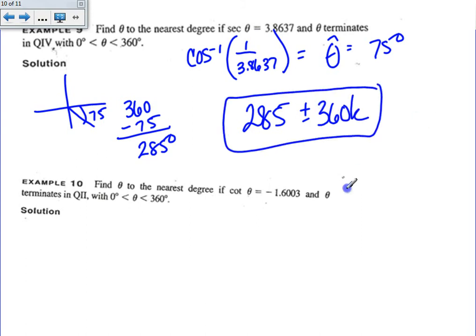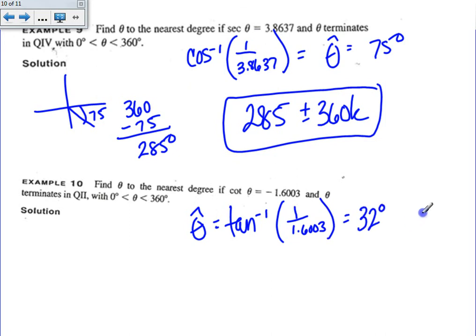Alright, and then example 10. Cotangent would be the reciprocal of tangent, so inverse tangent, and then remember we're just going to find the reference angle at this minute. So I'm going to do positive 1 over 1.6003 and get a reference angle of roughly 32 degrees, and they want us to be in quadrant 2.